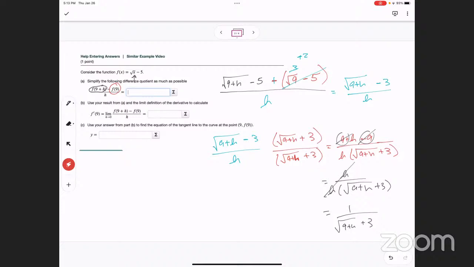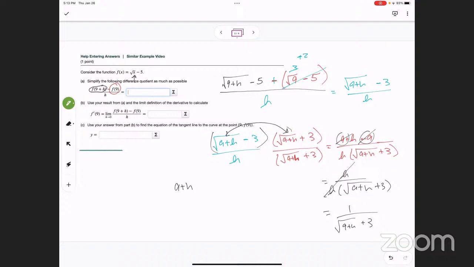And then when I FOIL it or multiply it all out, am I taking the square root of 9 plus h times the square root of 9 plus h, and then the square root of 9 plus h times 3? Yeah. So multiplying this out right here, this here will give you the 9 plus h.